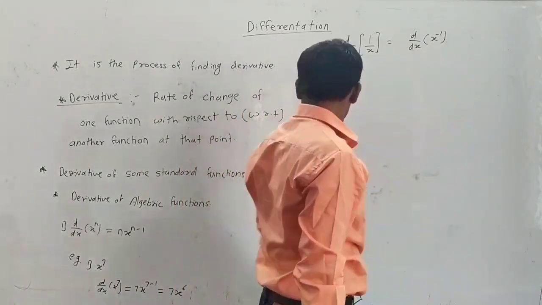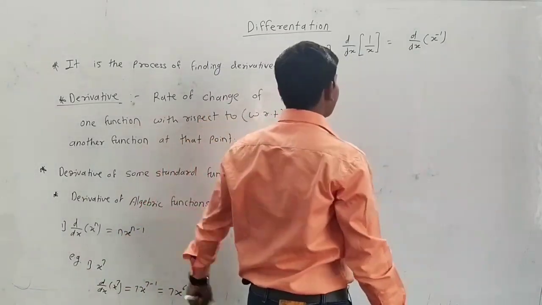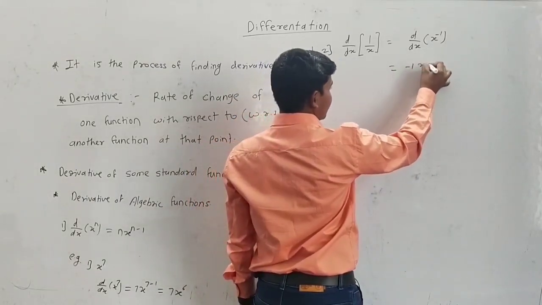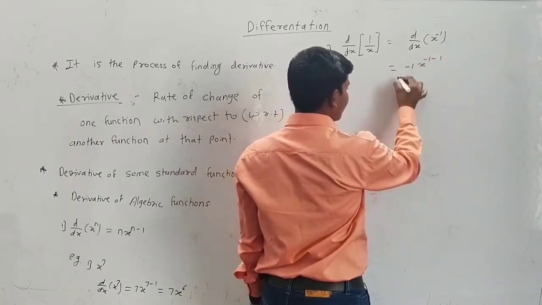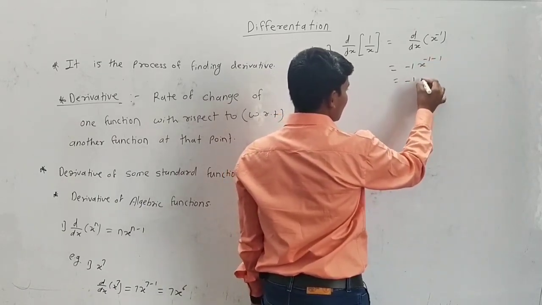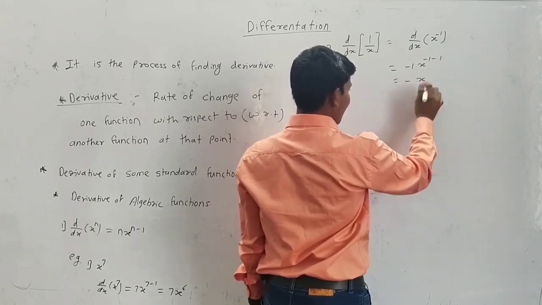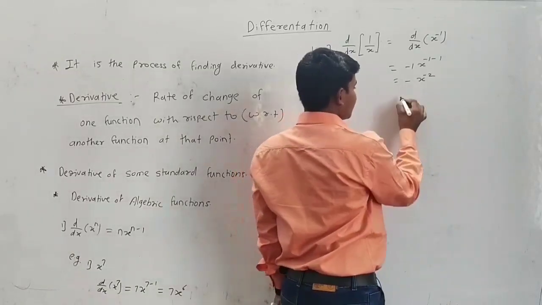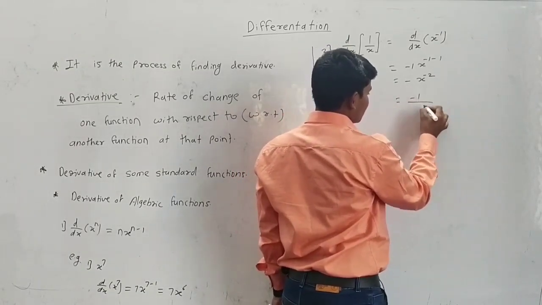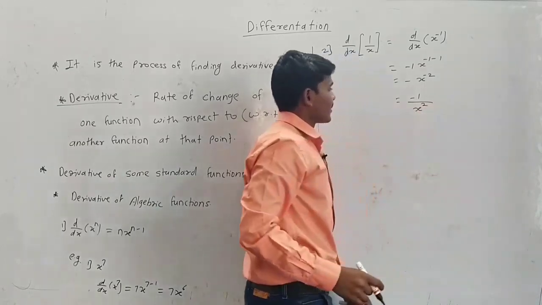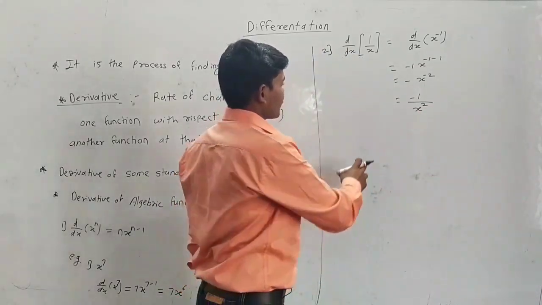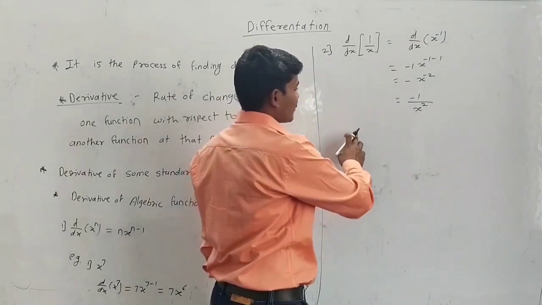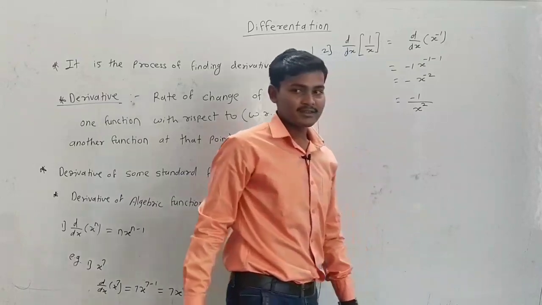Now put in this formula and we will get the answer. That answer will be minus 1 x raised to minus 1 minus 1, which equals minus 1 x raised to minus 2. We can take this in the denominator, that is minus 1 by x square. So the value of dy/dx of 1/x is minus 1/x^2.